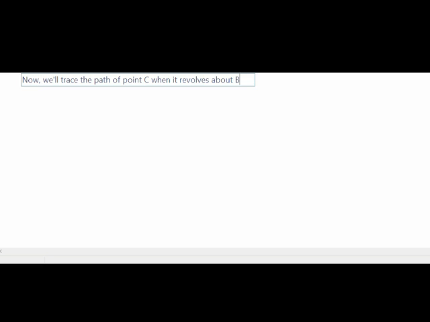Now we're going to choose the locus of point C, and it revolves about point B. Point C lies on the crank BC.